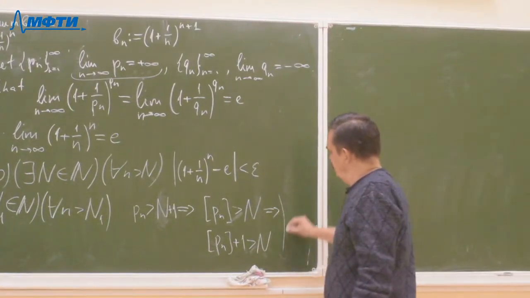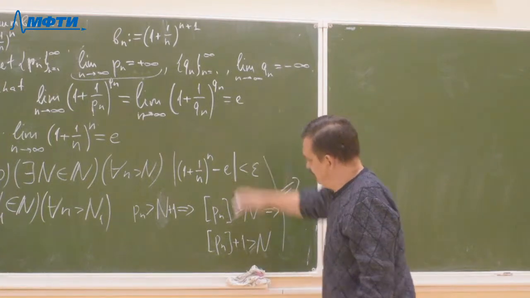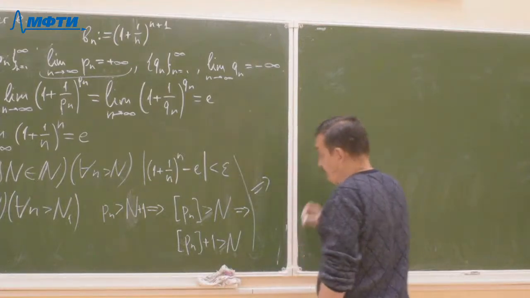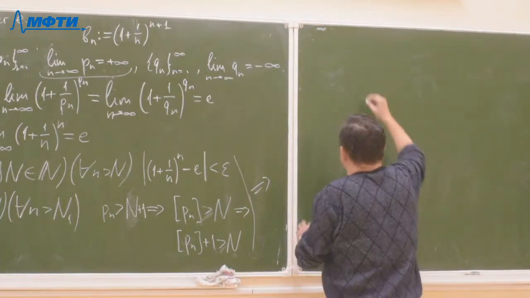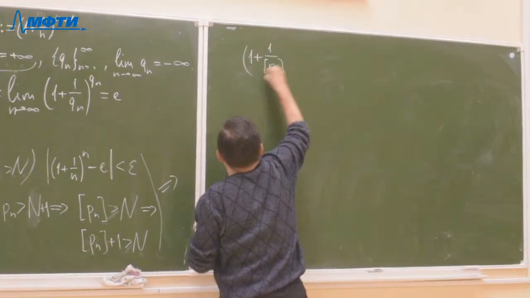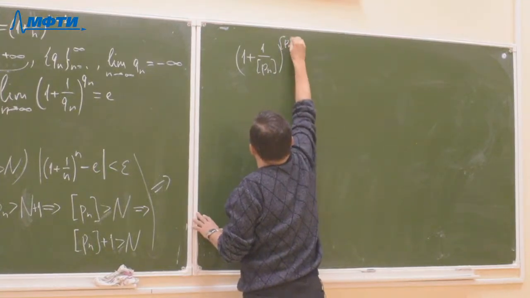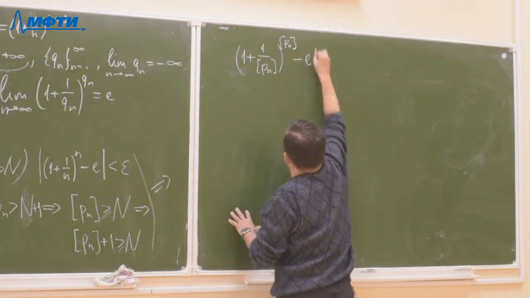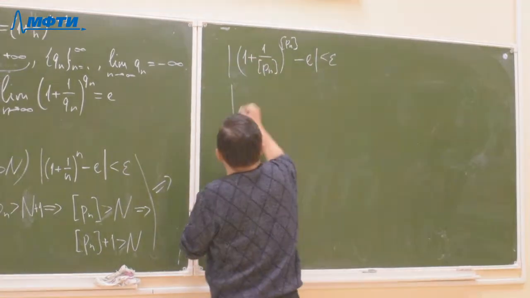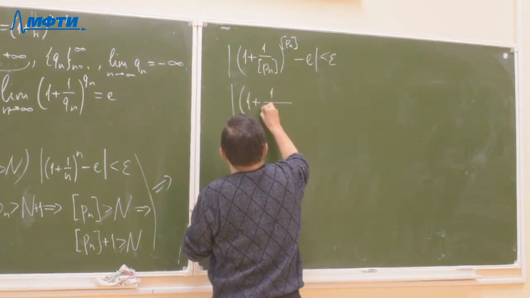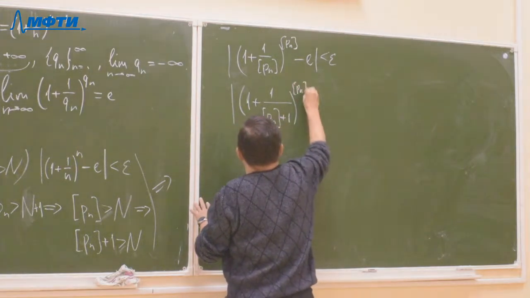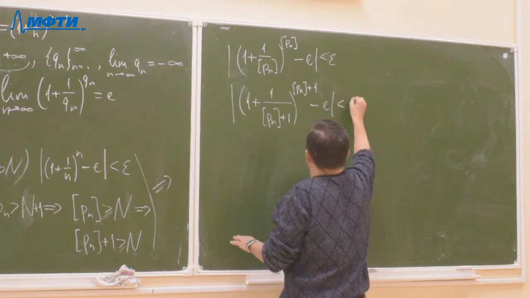So it follows from those 3 lines that we have the following inequalities. 1 plus 1 over the integer part of Pn, to the power integer part of Pn, minus e is less than epsilon, and also 1 plus 1 over the integer part of Pn plus 1, to the power integer part of Pn plus 1, minus e is less than epsilon.